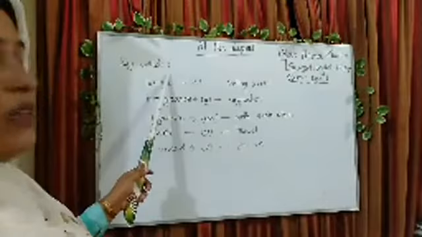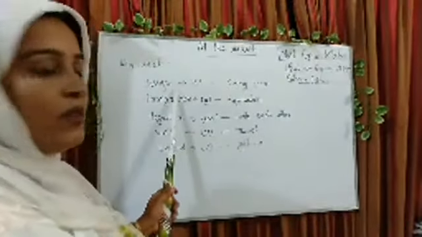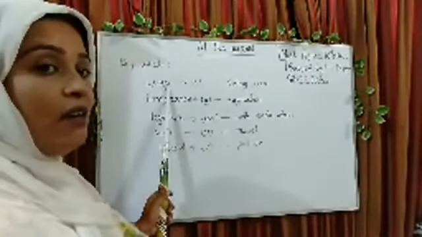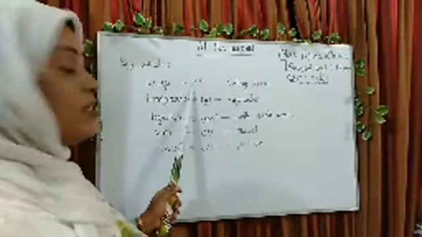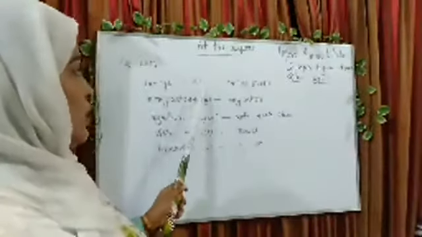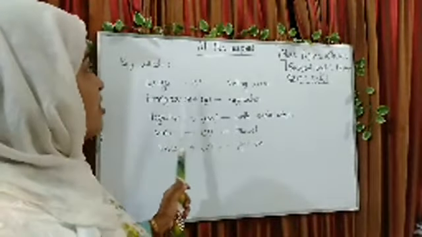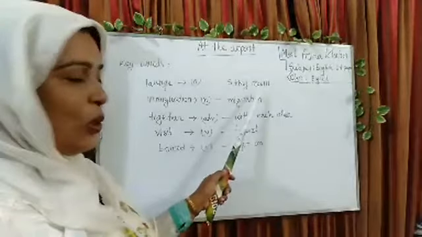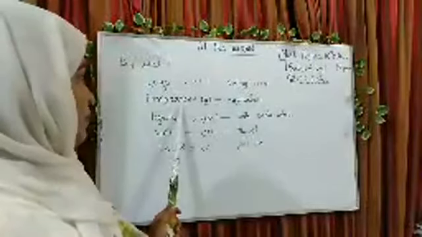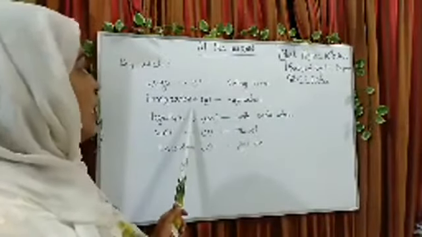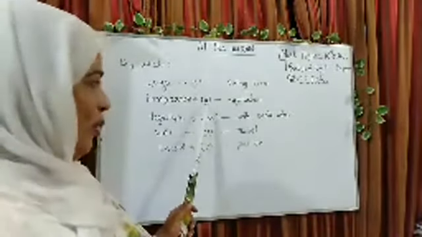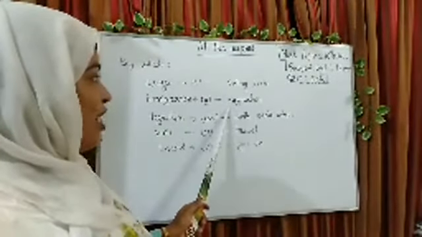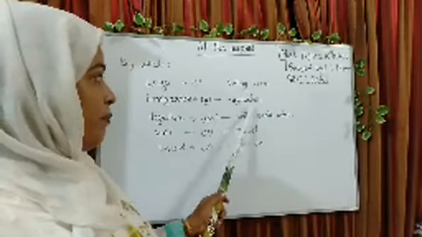First, we learn some keywords. First word is lounge. It is a noun and its synonym is sitting or waiting room. Immigration is also a noun and its synonym is migration.